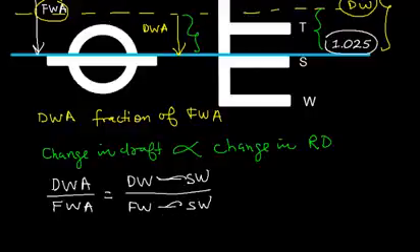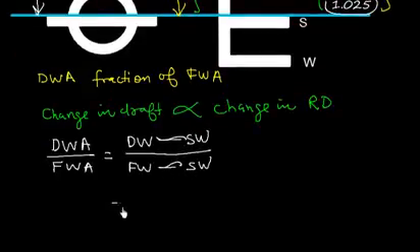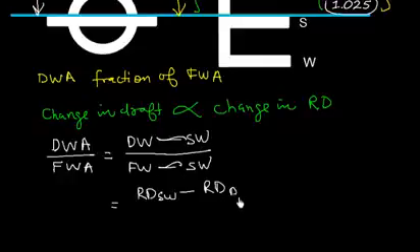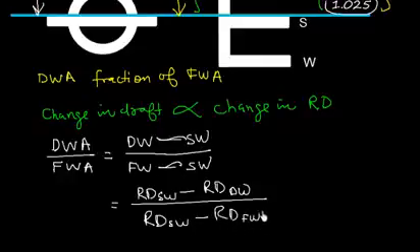Or simply I can write like this: RD of salt water minus RD of dock water divided by RD of salt water minus RD of fresh water. Well, it is the difference. So whether I subtract from fresh water to salt water or from salt water to fresh water, it is going to remain the same.